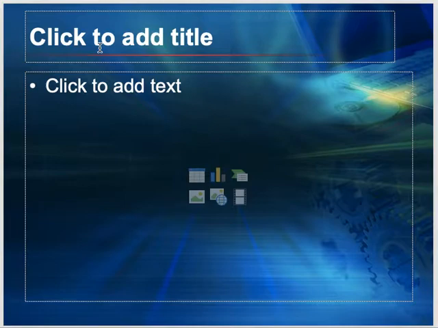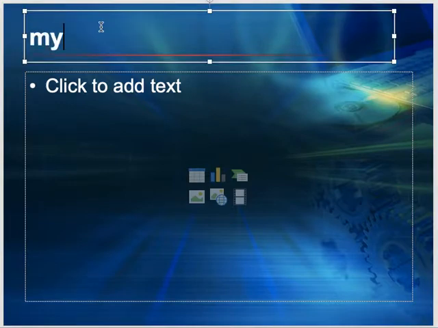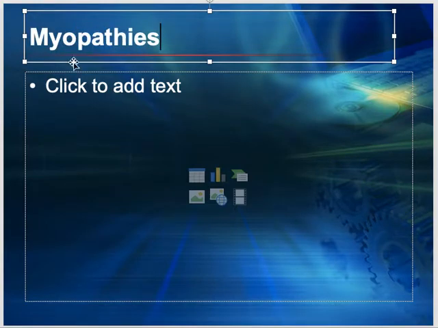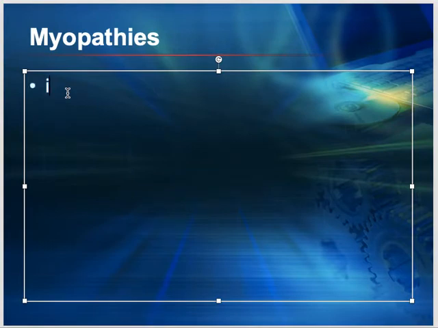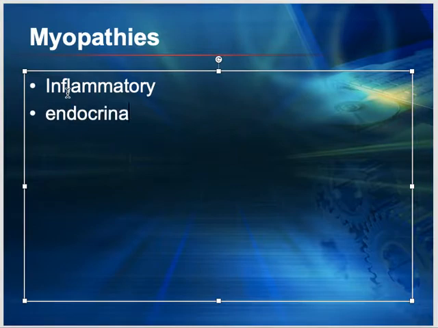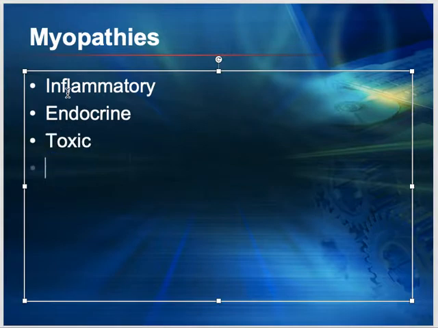Now, if I classify myopathies, there are different types of myopathies. There could be the inflammatory type, and there could be endocrine conditions which can affect the muscles. There could be toxic conditions which can affect the muscles, as well as infections and infectious conditions.